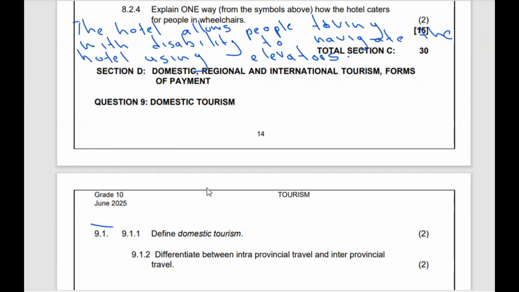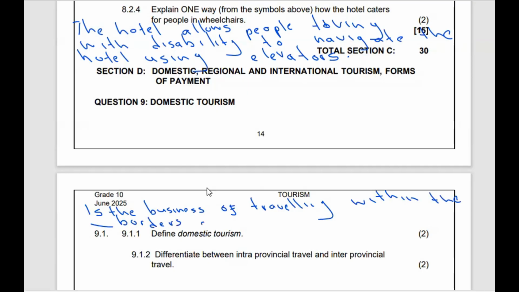All right, domestic tourism is the business of traveling within the borders of a country. So the definition of domestic tourism, it is the business of traveling within the borders of a particular country. That is domestic tourism.